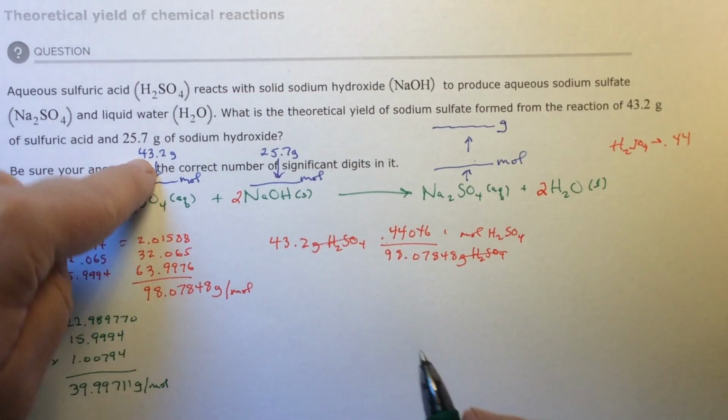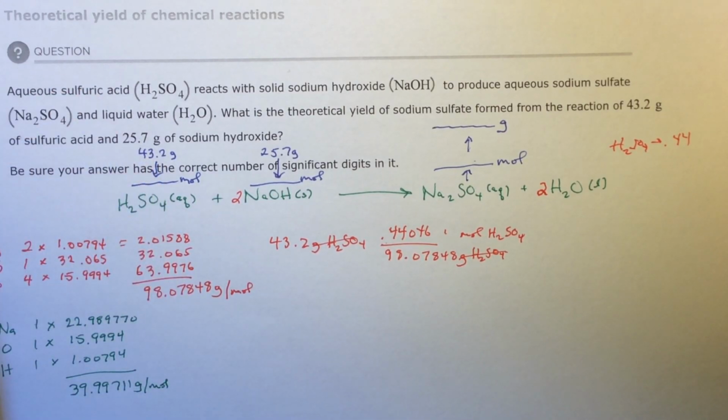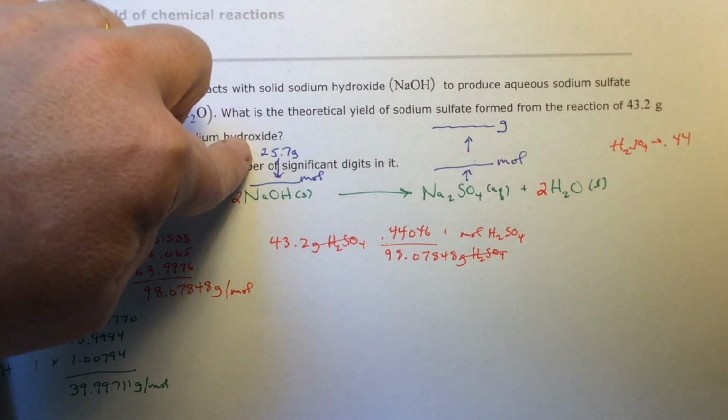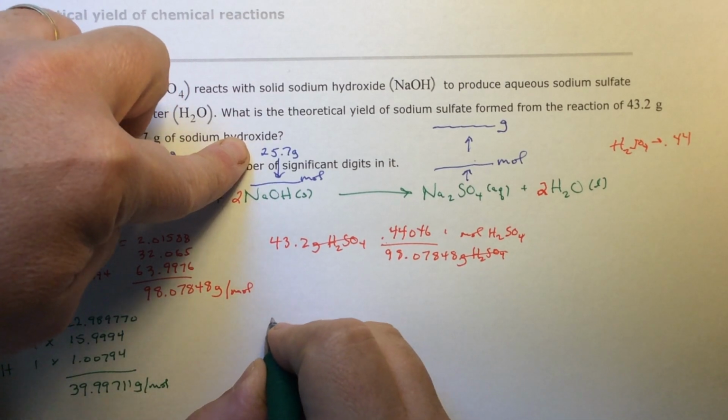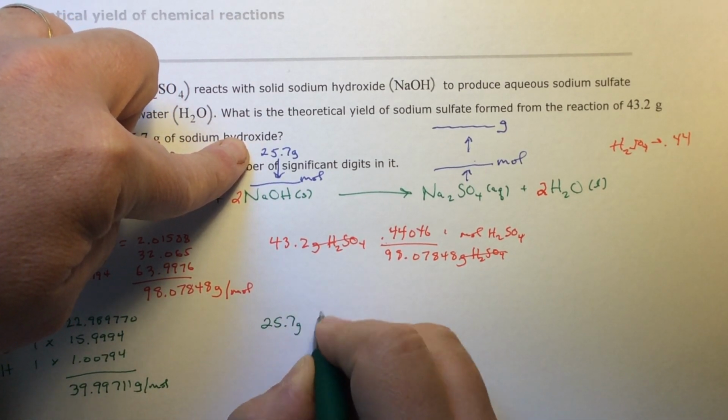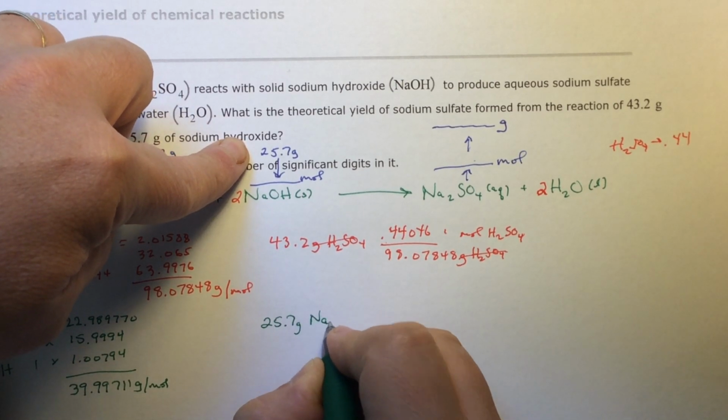So I'm going to start here. I have been given 25.7 grams of NaOH.